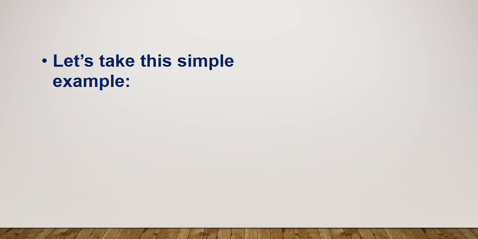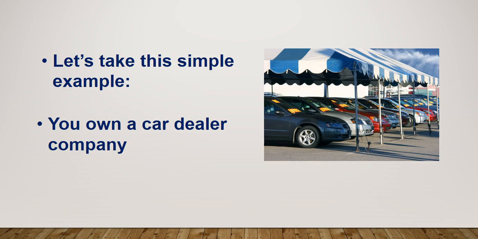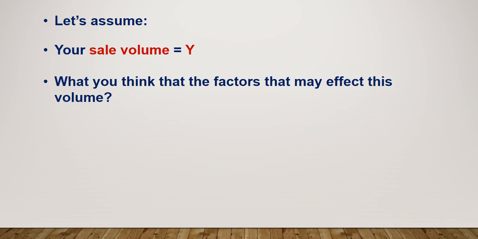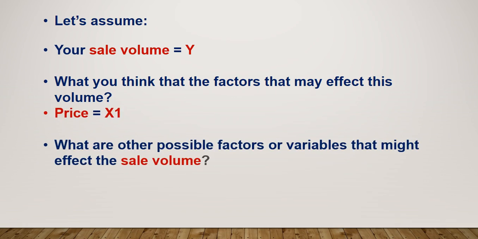Let's take this example. Let's say you own a car dealer company, and let's assume that your sales volume equals Y. What do you think are the factors that might affect this volume or have a relationship with this volume? Price, or X1?